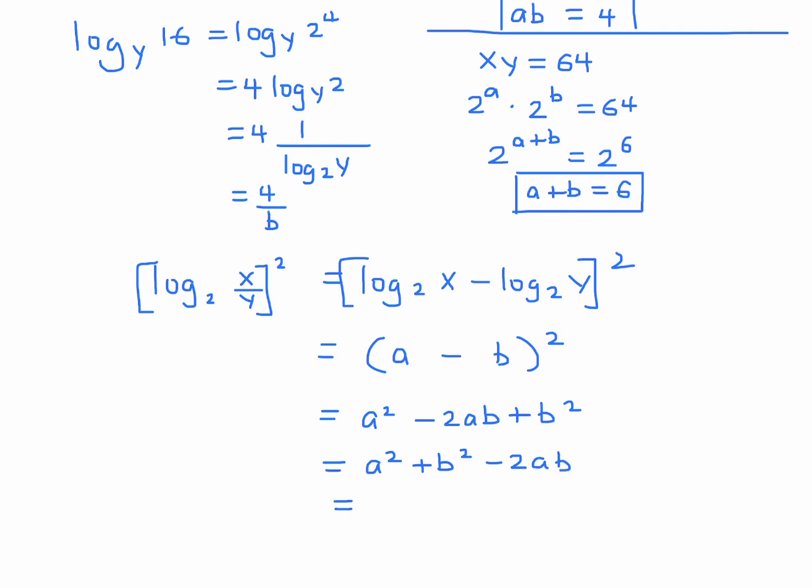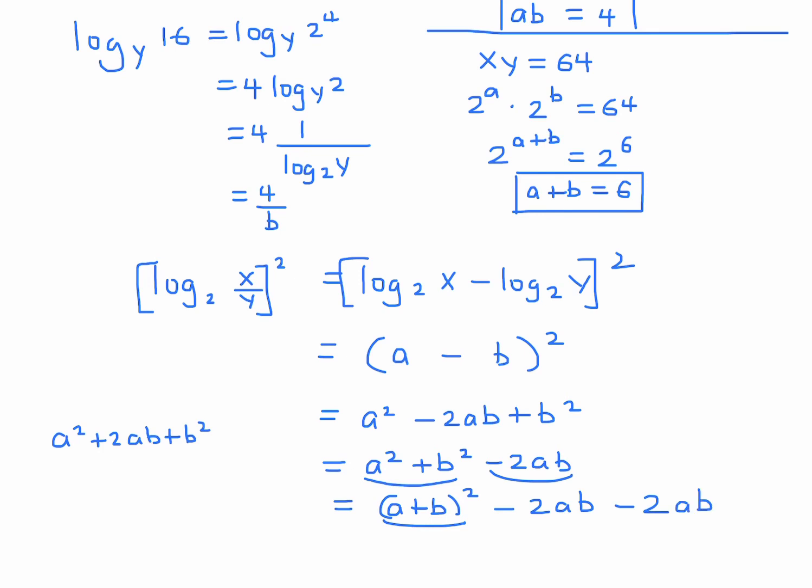And then if I have a plus b all squared, then that, I'll just put it on the side here, that's a squared plus 2ab plus b squared. But I just have this, so if I put this in here, I've got to subtract 2ab. And then don't forget that 2 minus 2ab. So this really just becomes a plus b squared minus 4ab.